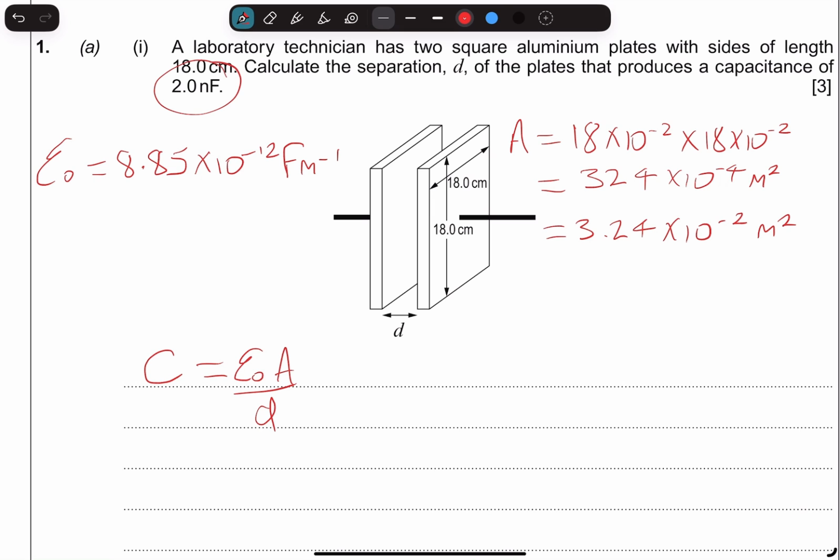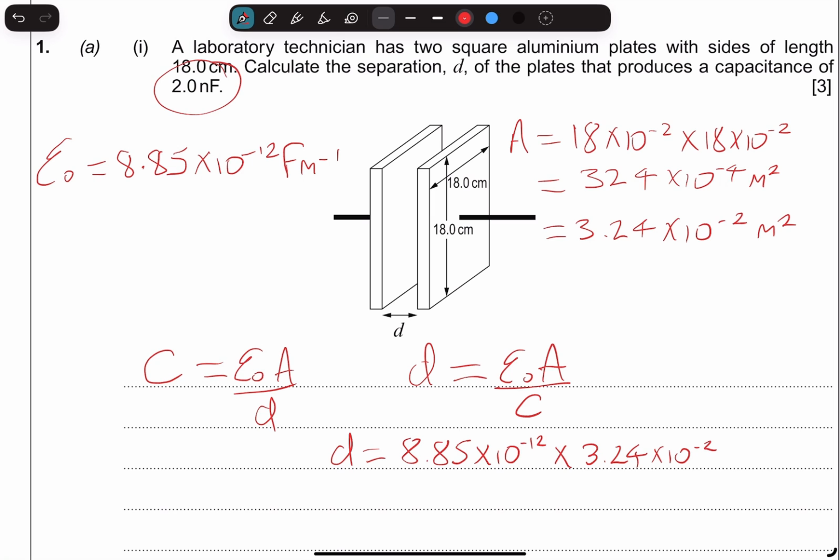We've got epsilon naught, and we also have the capacitance. So all we need to do now is rearrange the equation. D is equal to epsilon naught A over C. So that's going to give us D equals 8.85 times 10 to the minus 12 multiplied by the area, which is 3.24 times 10 to the minus 2, and then we divide all that by 2.0 times 10 to the minus 9, because it's nanofarads.